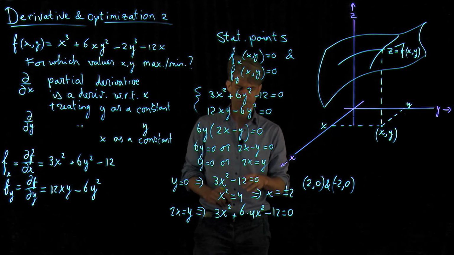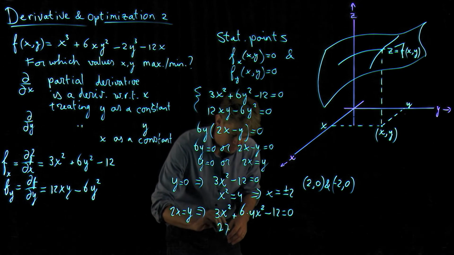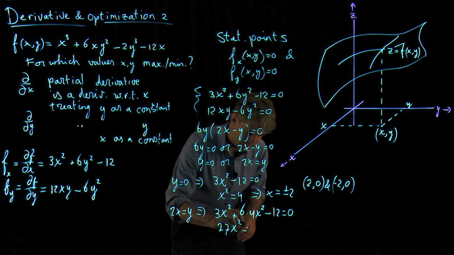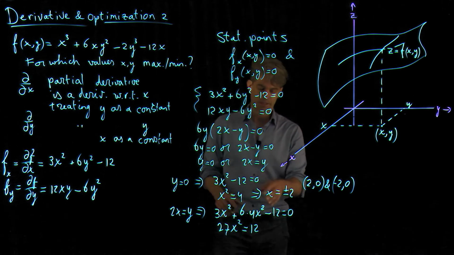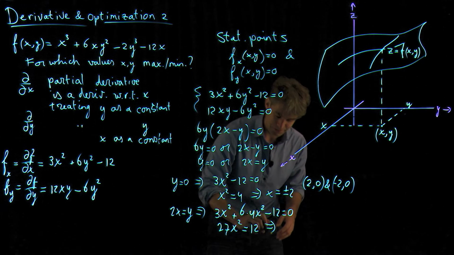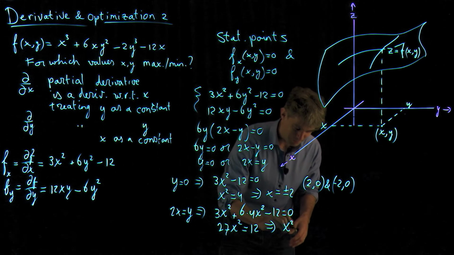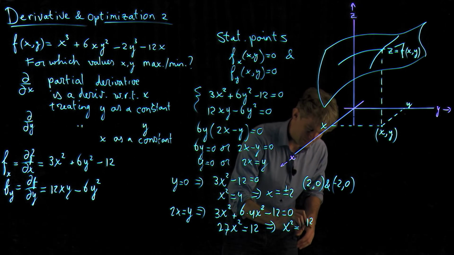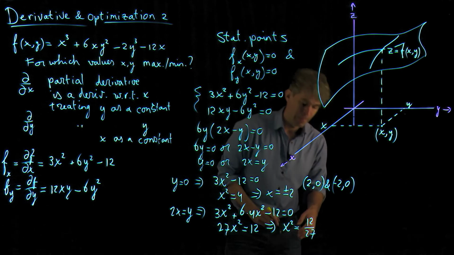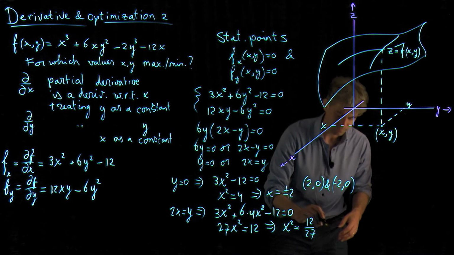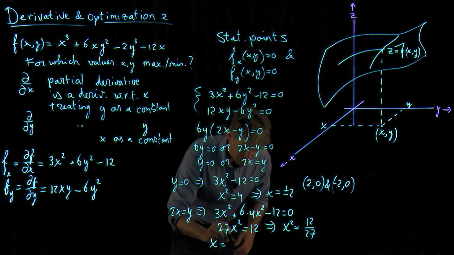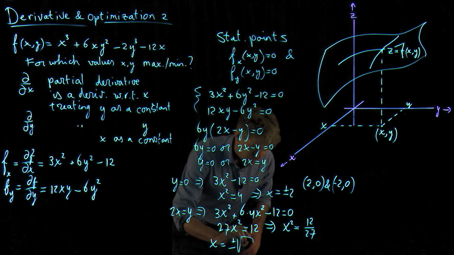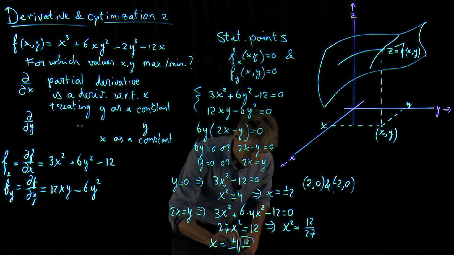So that's about 27x squared equals 12. Okay, this is all a bit tedious, but let's not give up. 12 divided by 27. So x is equal to plus or minus the square root of 12 divided by 27.